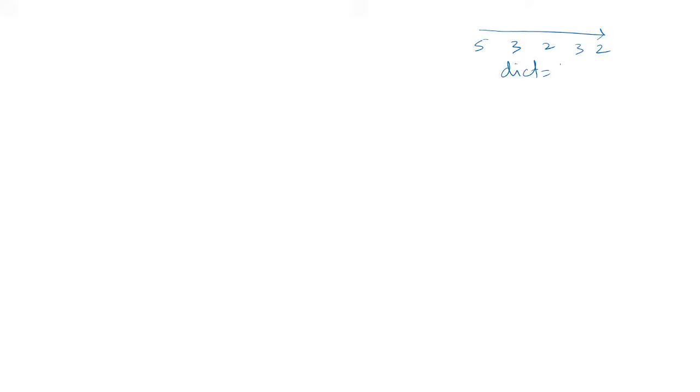Inside the dictionary you store key value pairs, that means the element and its frequency: 1, then 2 times, then 2 times, like this. And now from the dictionary you just find the element whose value is equal to 1, then print its key. That is the unique element we require.